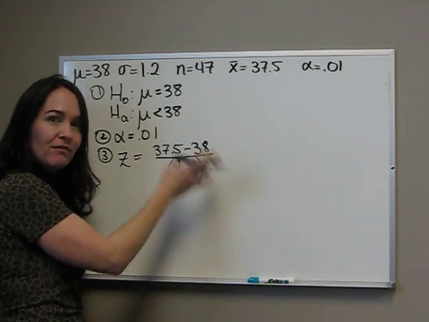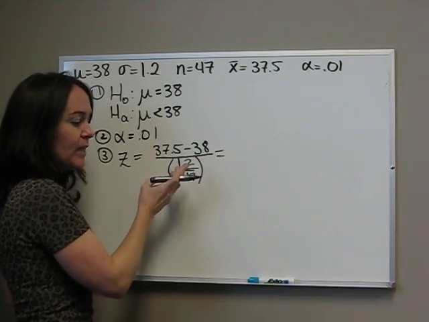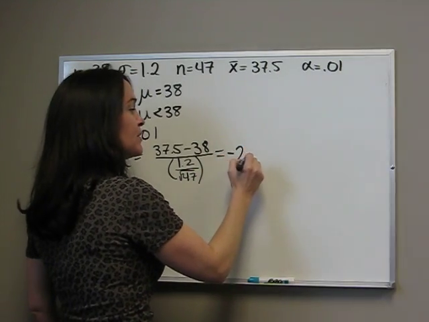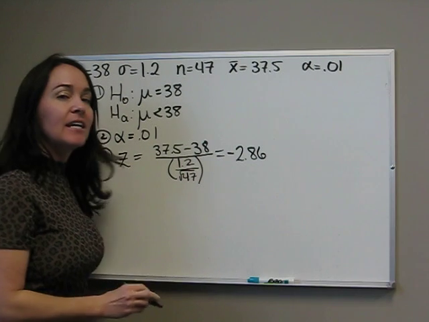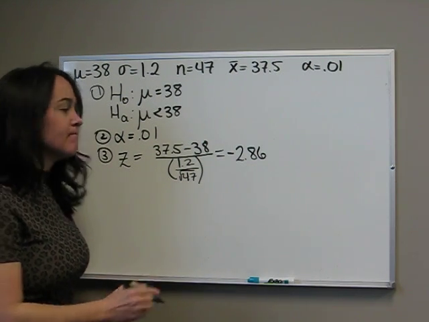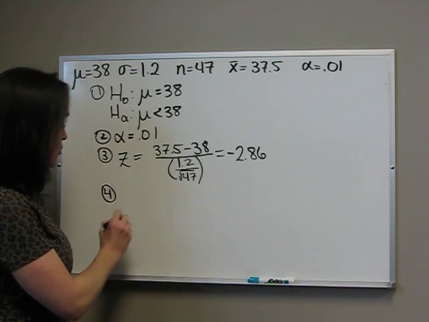Remember that this can be found in your pullout under Chapter 9. Alright, so when we calculate this, remember to 2 decimal places, we get negative 2.86.